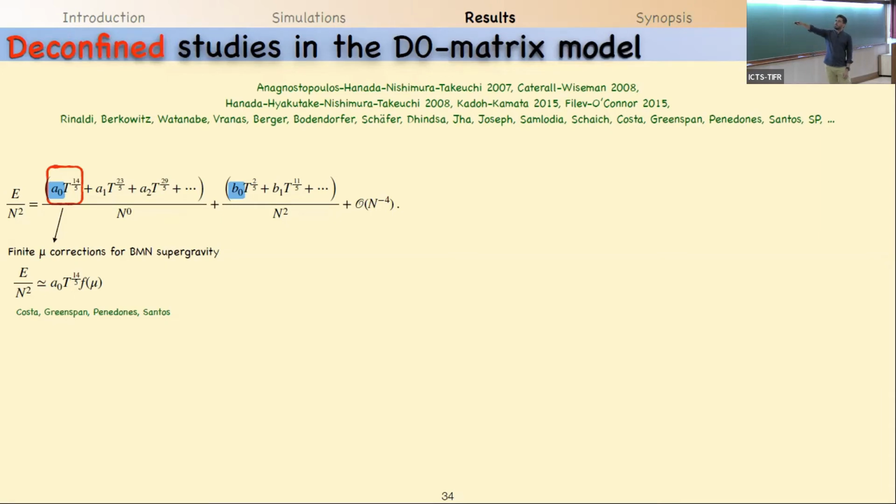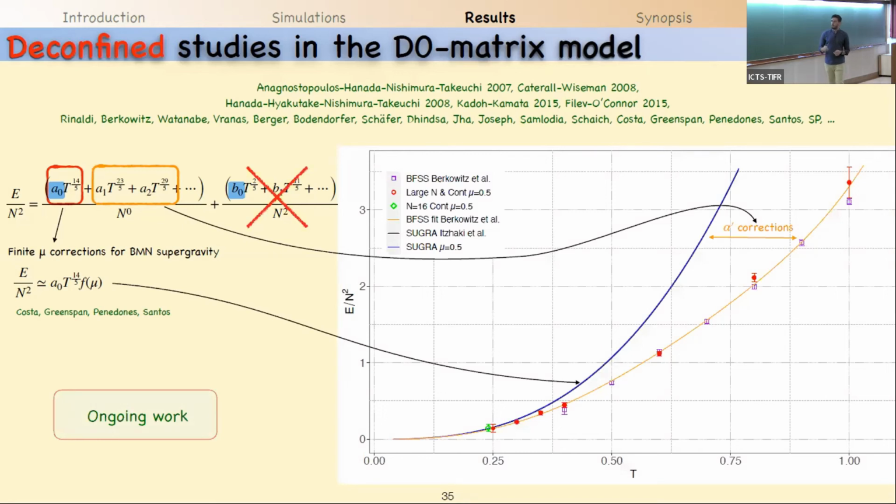And I want to focus only on the supergravity case, because at very small temperatures you have negligible alpha prime corrections. And what I get is the following. Again, this is some ongoing work, which I hope to be out the beginning or middle of next month.